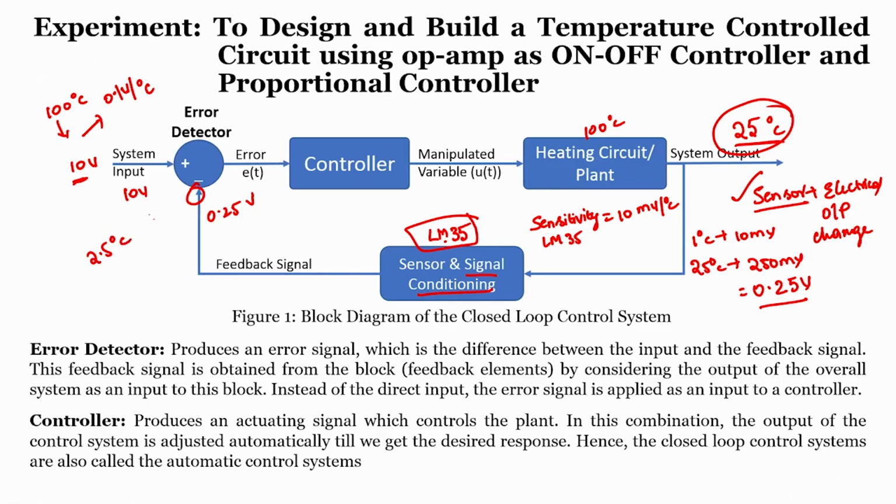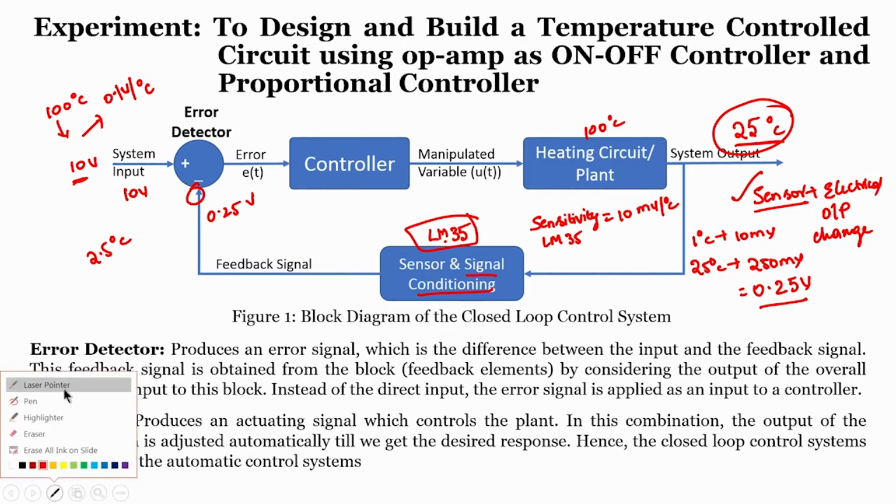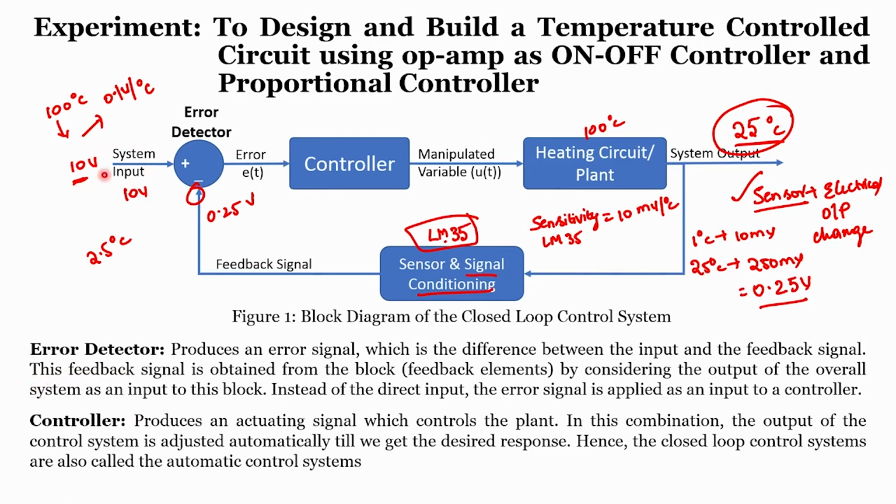Which means that both the input factor and the output factor are not matching. That is because of the sensitivity. This is 0.1 volt per degree centigrade, this is 10 millivolt.